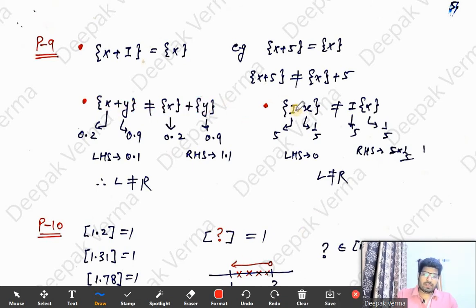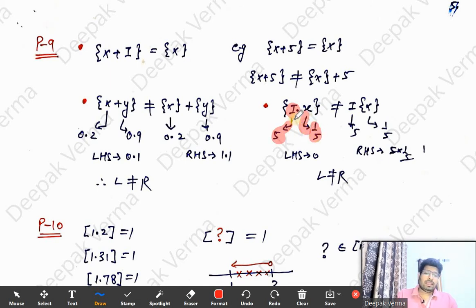In case of multiplication with an integer, the same property we did in case of the box applies to the fractional part. In the box also we could not take the integer outside the box. The same property holds here. We cannot take the integer outside the fractional part. For example, let's say the integer is 5 and x is 1 by 5.